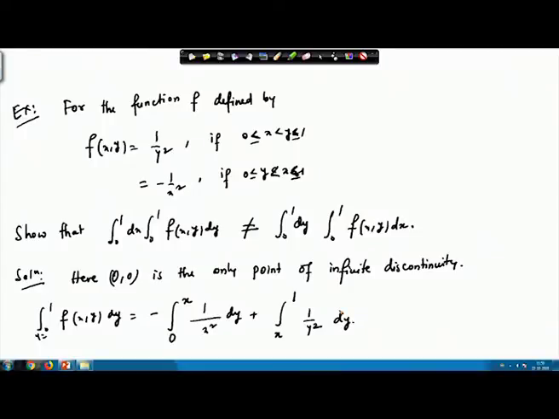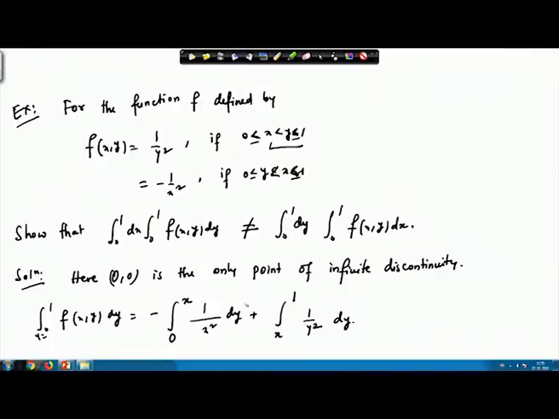So, we basically divided this interval 0 to 1 into 0 to x, where y is running from 0 to x with minus 1 by x square, and then y is again running from x to 1. Then in that case the value of the function f would be 1 by y square. So, we have used these two values.